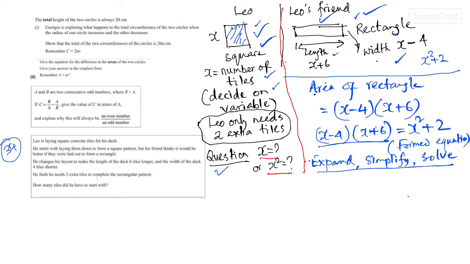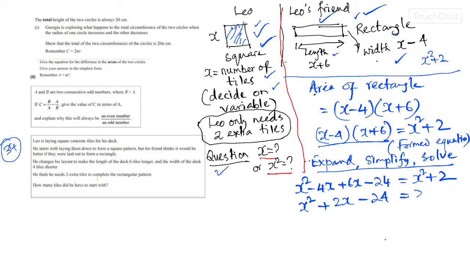So with the expanding, it'll be negative 4x plus 6x minus 24 should be equal to x squared plus 2. And if I simplify that, that'll give me x squared plus 2x minus 24 equals x squared plus 2.